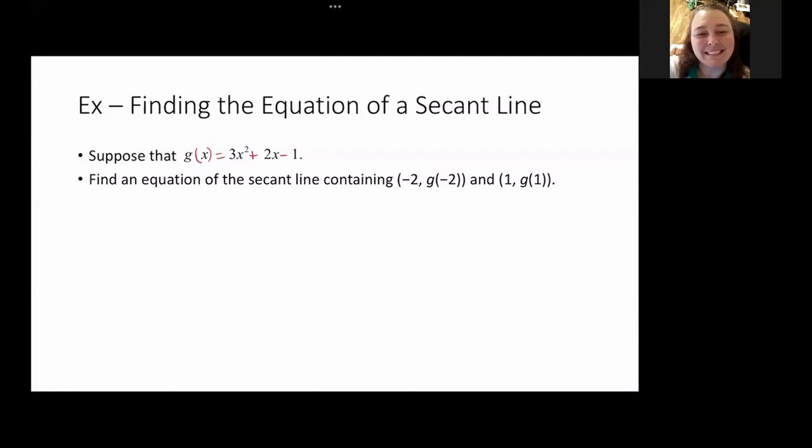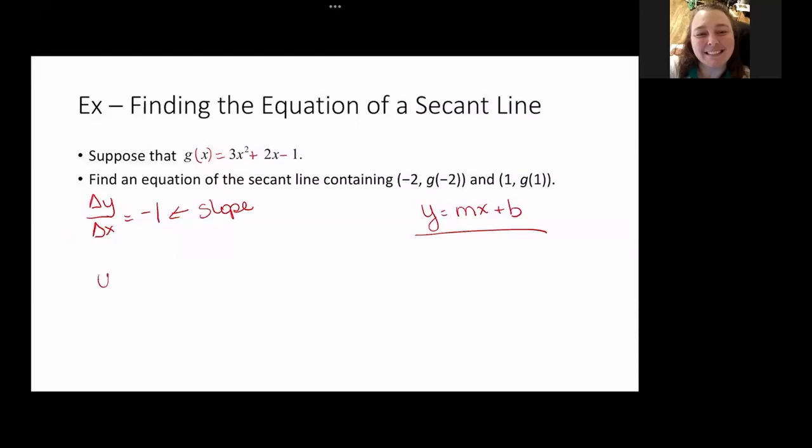So the average rate of change, the delta y over the delta x, was equal to negative 1 from the previous slide. We've got 2 different points here, and now we want to find the equation. So what we have here is my slope. And I want it in the y equals mx plus b format, because we want the equation of that line, okay? So how do we do that?